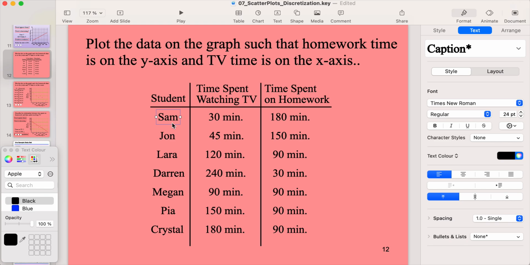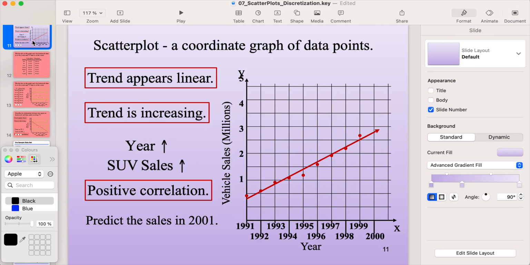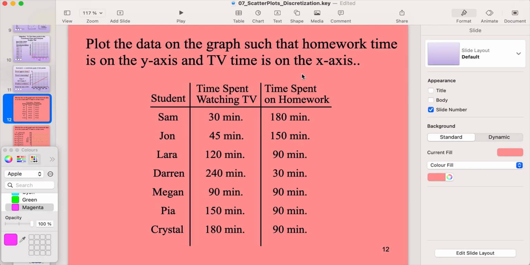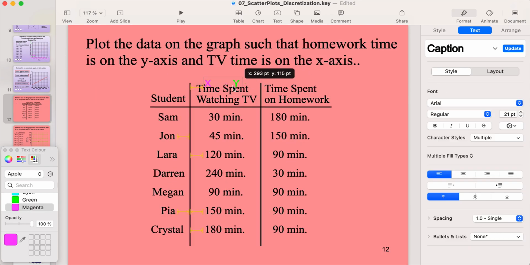These will be our objects 1, 2, 3, 4, 5, 6, 7. They're going to be 7 points in our scatter plot, and here would be the x and y coordinates. So the first thing is the object number.